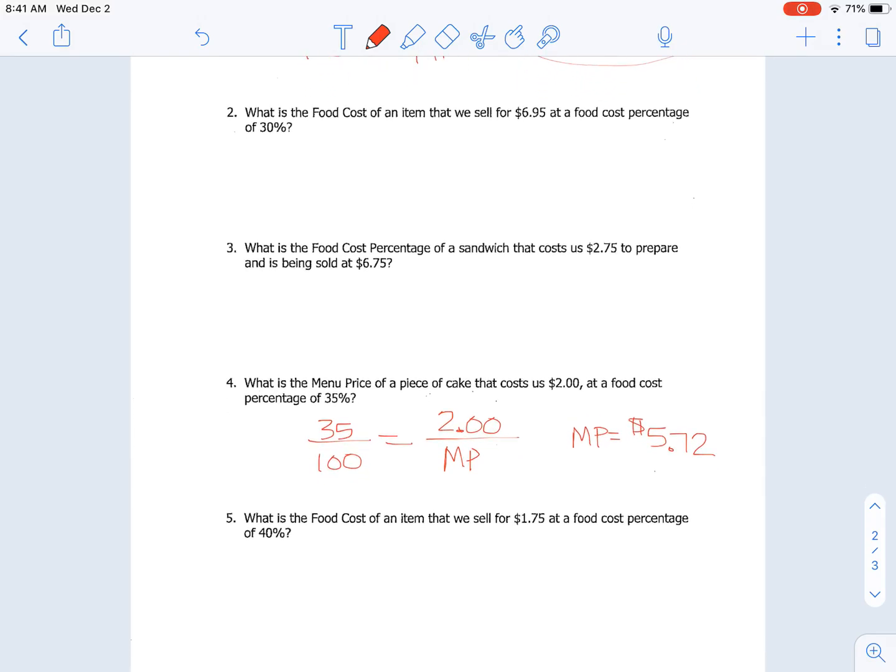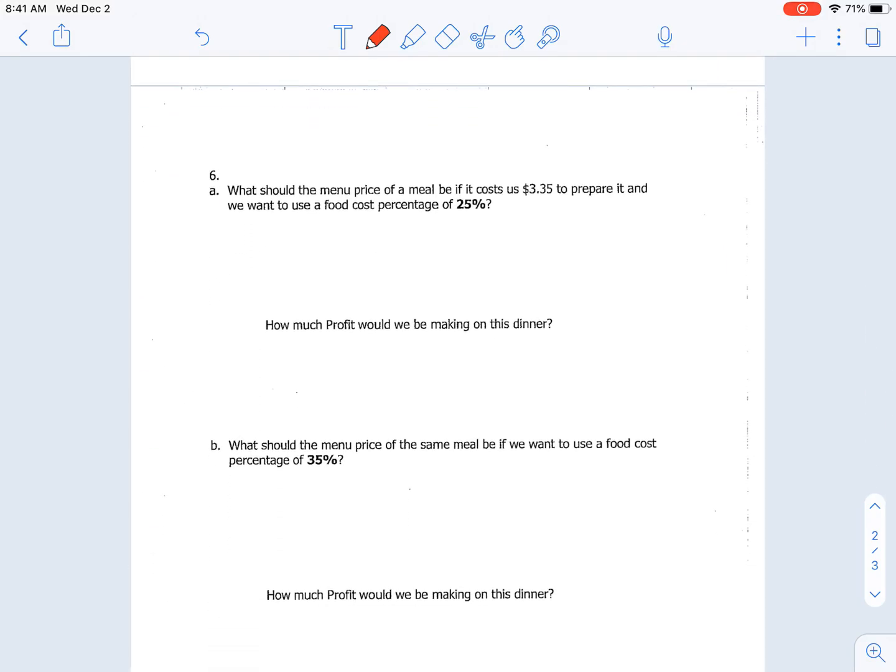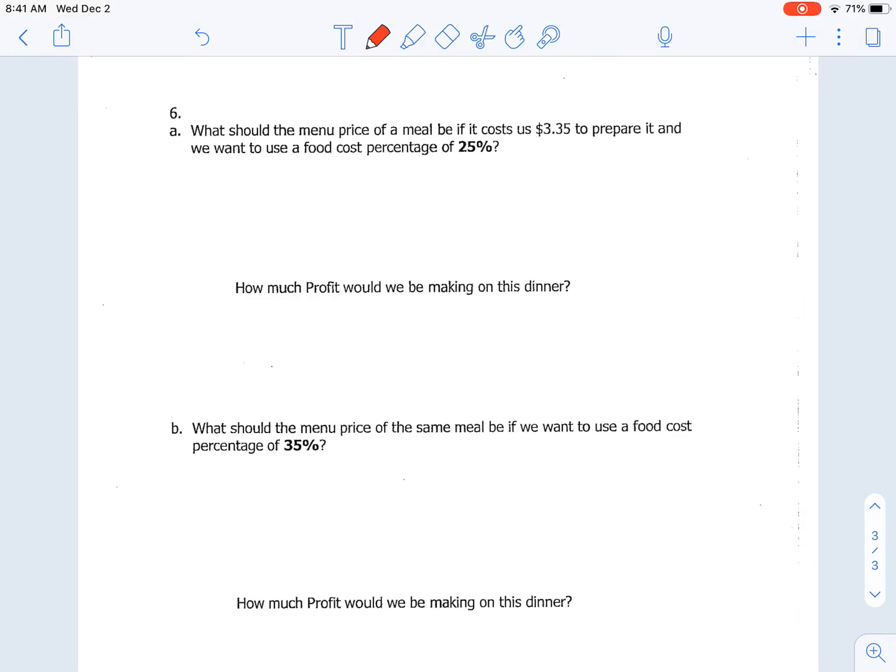You can always check out those other three, but I want to go on in this discussion to look at this last page of the lesson guide. So number 6 here, the first part of number 6 says, what should the menu price of a meal be if it costs us $3.35 to make it, and we use a 25% food cost? So a 25% food cost and $3.35 to make it.